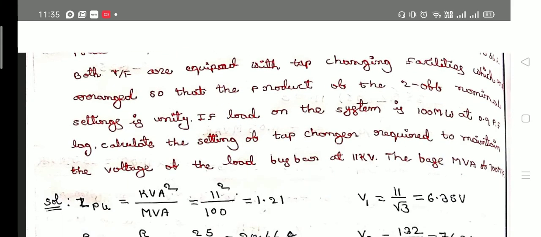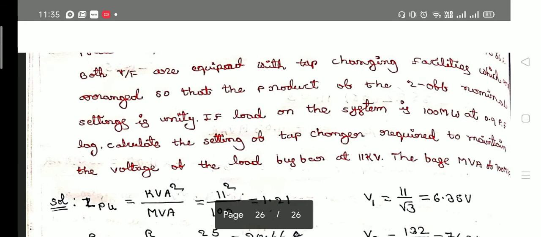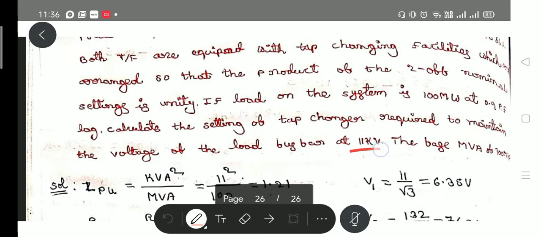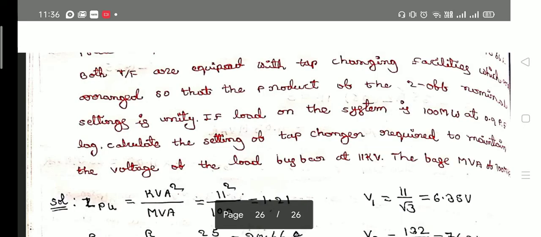The base MVA is given as 100 MVA, and kV is given as 11 kV. So substitute here 11 square by 100, then we will get Z per unit. After that we can calculate the resistance and reactance in per unit.